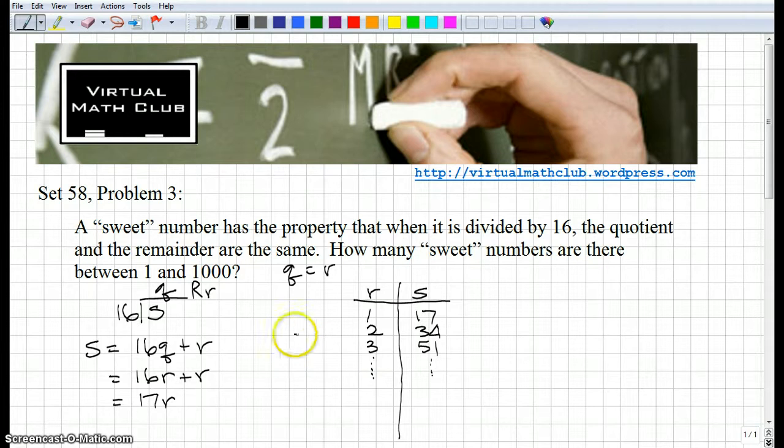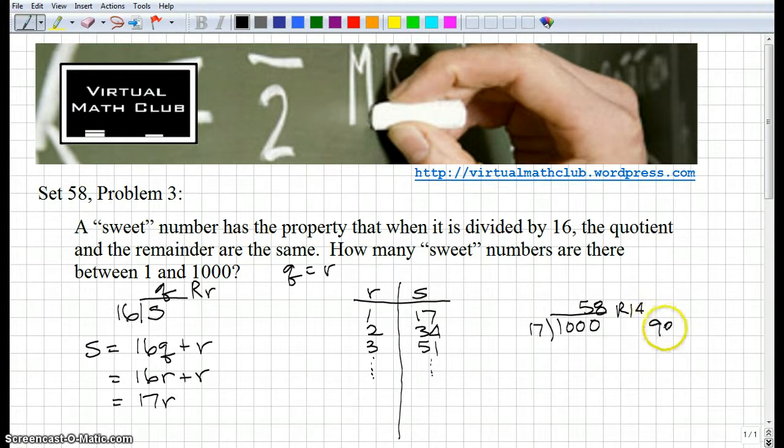Well, we're looking for sweet numbers between 1 and 1000, so you might be tempted, like me. I did this wrong the first time. I took 1000 and divided by 17, and I got 58 with a remainder of 14. So I thought, okay, 1000 is not a sweet number, but if I subtract 14 from it, I'll get a multiple of 17.